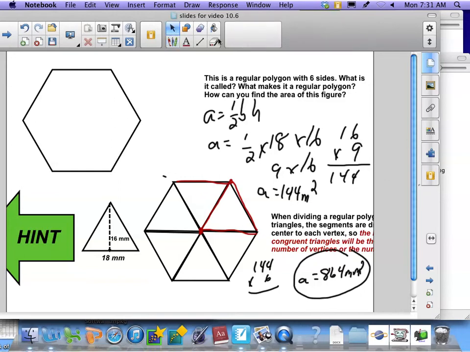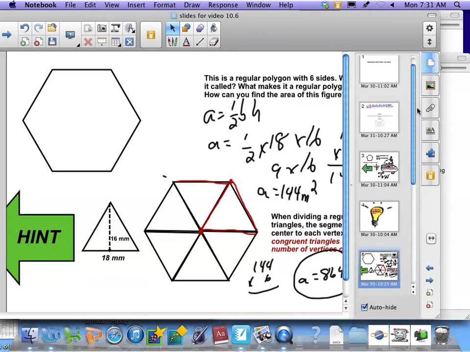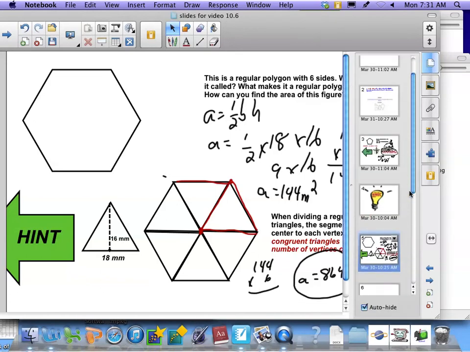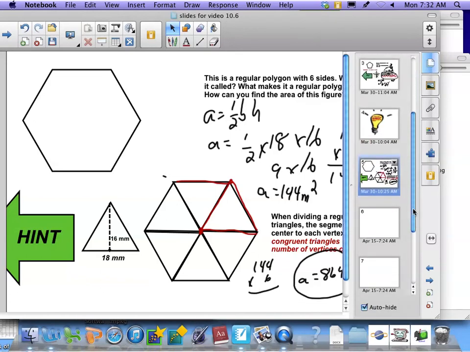So if you have a regular polygon, all the sides are the same, all the angles are the same, you can divide it into triangles, find the area of the triangle, and then multiply by the number of triangles you have. So if it's a pentagon, you can split it into 5 triangles, a hexagon, 6 triangles, an octagon, 8 triangles. Always be sure your answer makes sense.